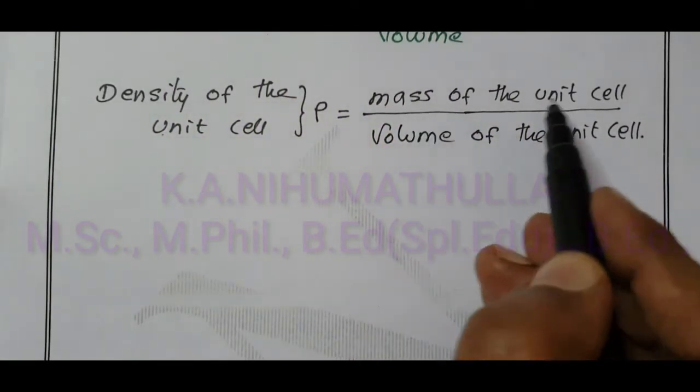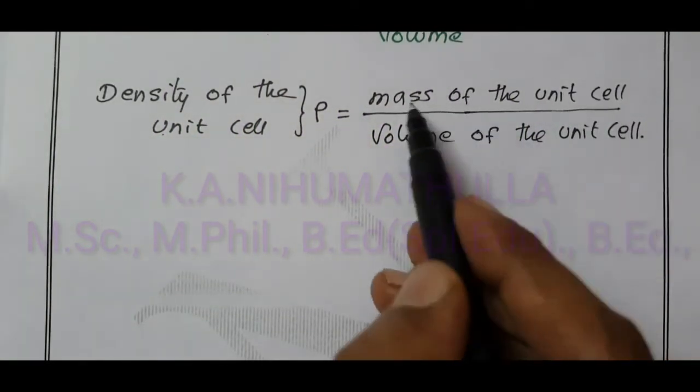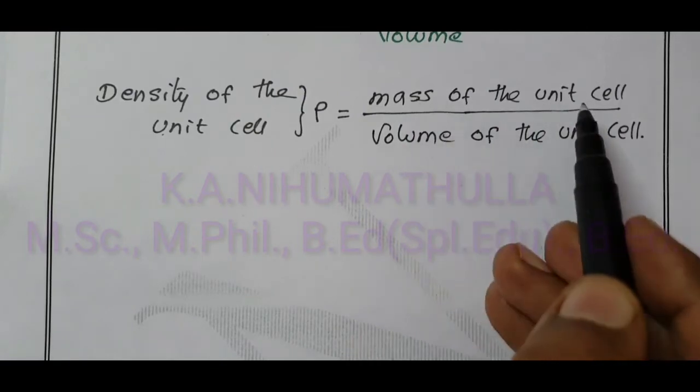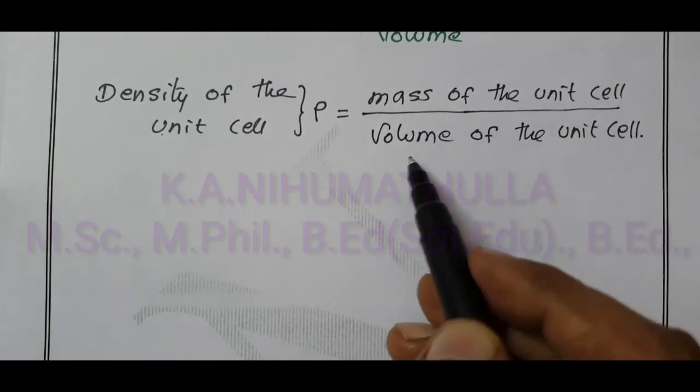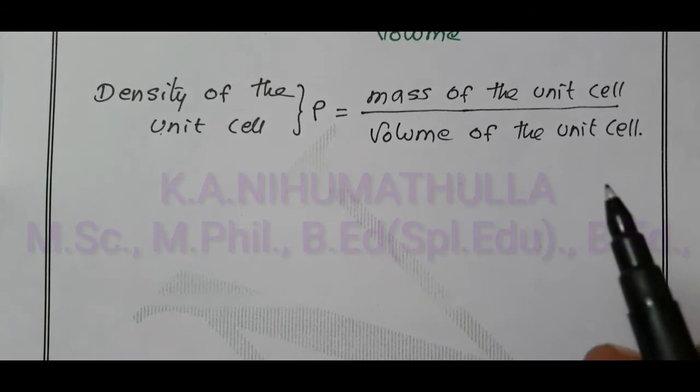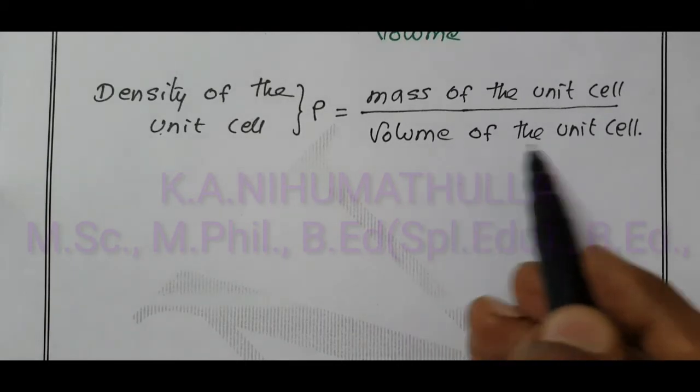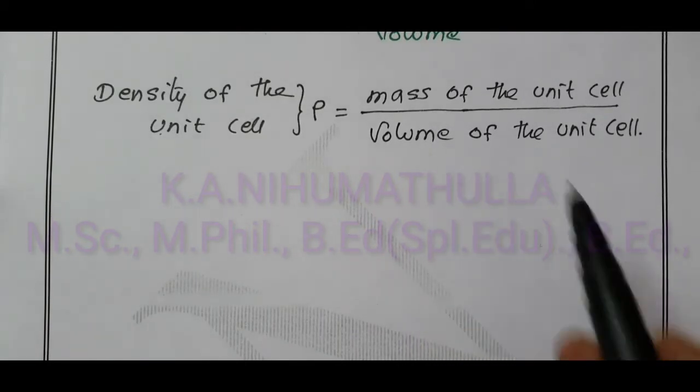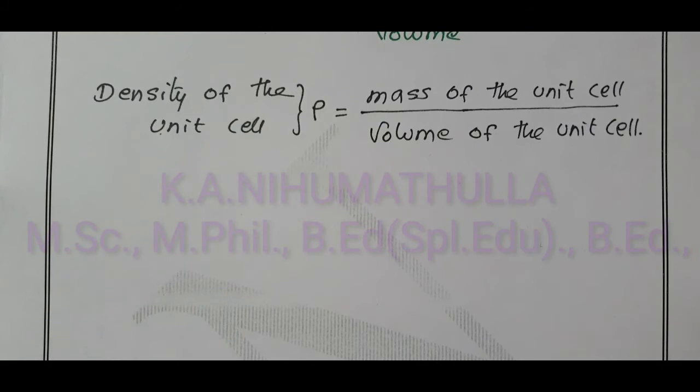First, we have to calculate the numerator value. What is the formula used to calculate mass of the unit cell, and how to calculate volume of the unit cell? The volume of the unit cell can be directly determined from the edge length.